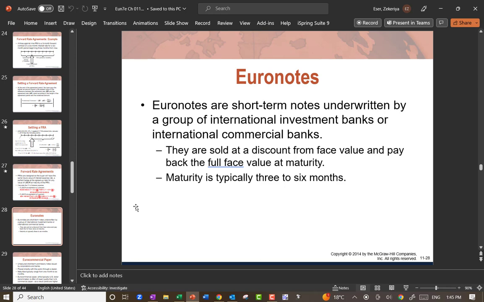These are notes underwritten by a syndicate of international banks or commercial banks, and they are typically zero coupon kind of bonds. So they're sold at a discount and pay back the full face value at maturity.